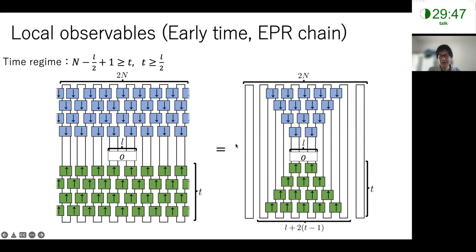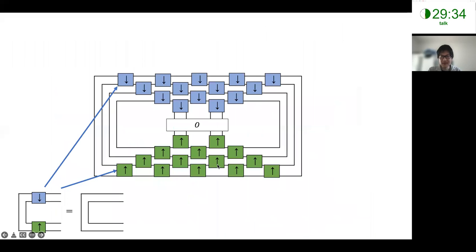And after removing outside of the light cone, this expectation value is written like this. And after deforming the right hand side, this is equal to this form.